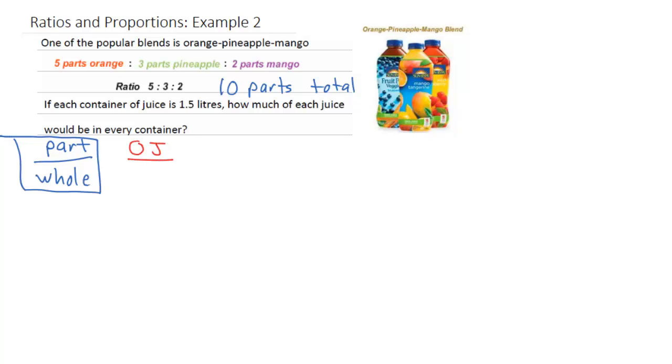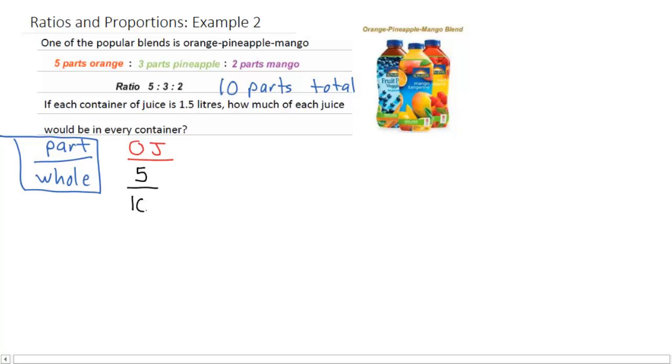We can see that there are 5 parts of orange juice compared to the 10 parts in total for this particular blend of juice. Since we know that the total juice works out to be 1.5 liters, comparing the part in the top of our ratios and the total in the bottom of our ratios will allow us to solve to find out exactly how much orange juice we have in this container.